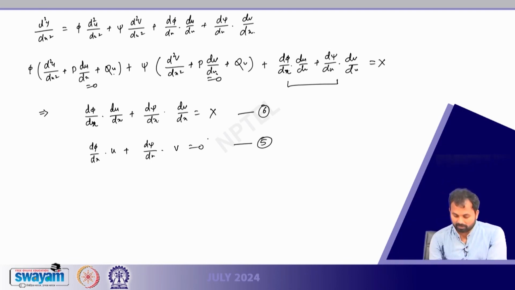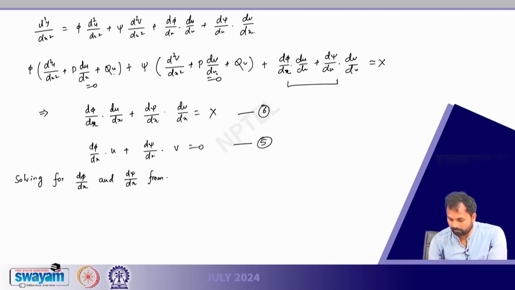Now it can be determined like this, solving for d phi by dx and d psi by dx from equation 5 and 6.